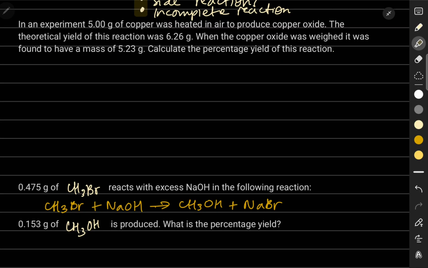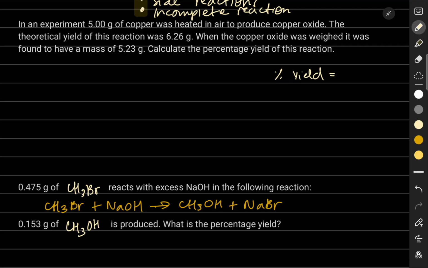Now, when we talk about percentage yield, we're talking about the overall yield. So percentage yield is the overall yield expressed as a percentage of the theoretical yield. It tells you how efficient the reaction was.